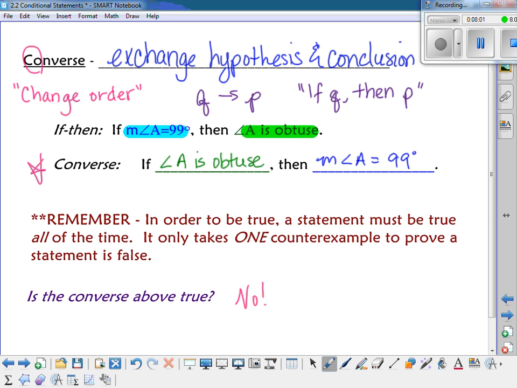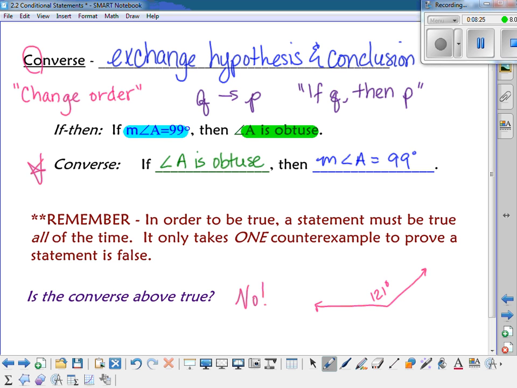Just because an angle is obtuse doesn't mean that it has to equal 99 degrees. It could equal anything between 90 and 180 degrees and still be an obtuse angle. So a counterexample, you could just draw some other obtuse angle that has a different measure. And that would be a counterexample for the converse.